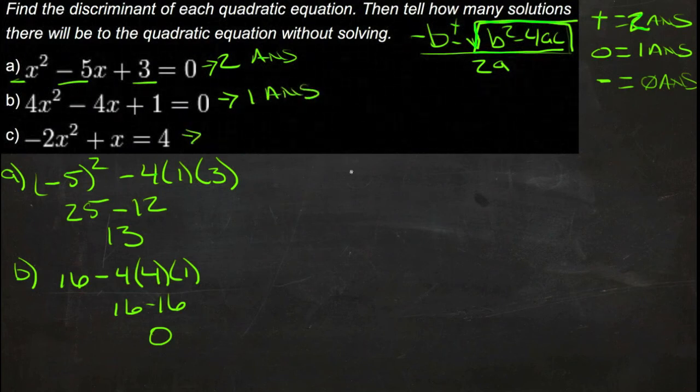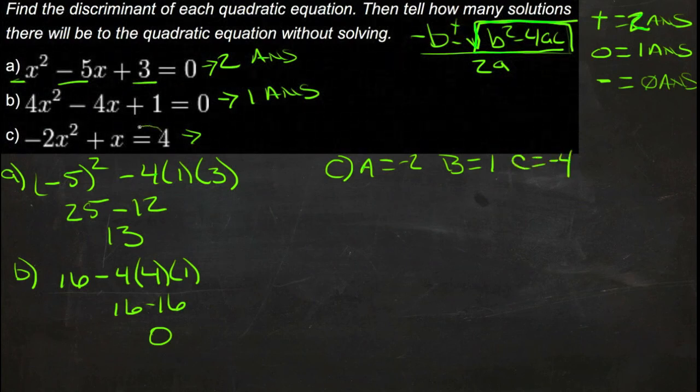And then for our last one, mark C here, our a is negative 2, our b is 1, and our c is actually negative 4, because we'd have to move it over here in order to have this thing in standard form.